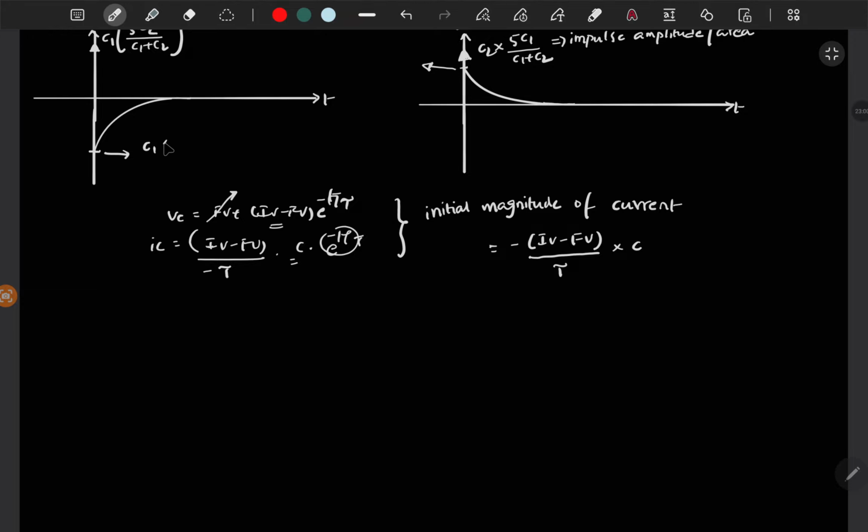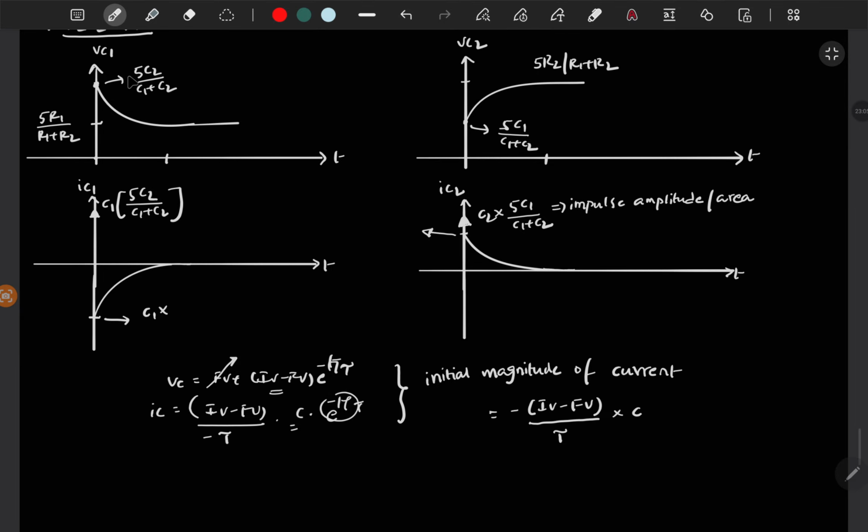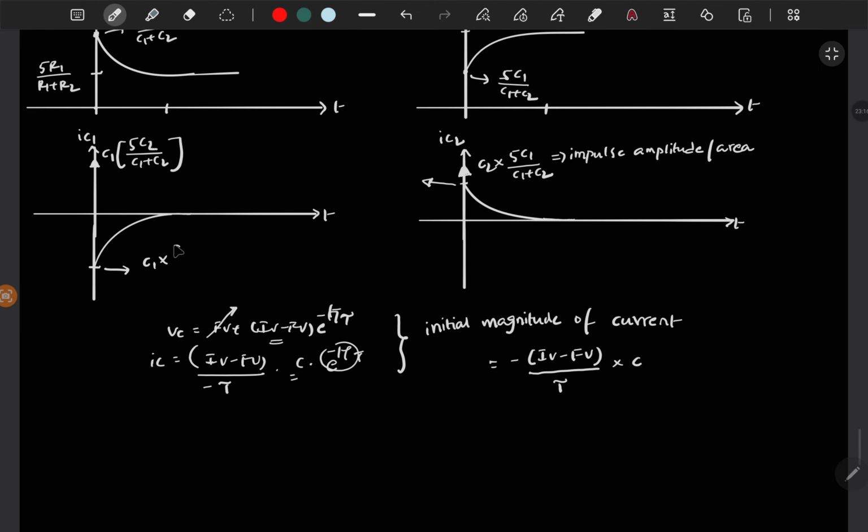So this should be C1 times initial voltage minus final voltage, which is 5C2 by C1 plus C2 minus 5R1 by R1 plus R2. And this should be minus times 1 by tau. So if you solve this, you will get this magnitude.